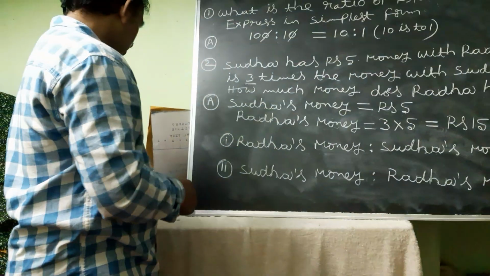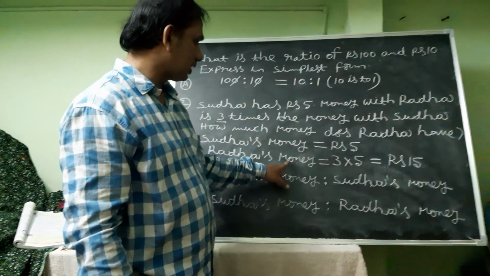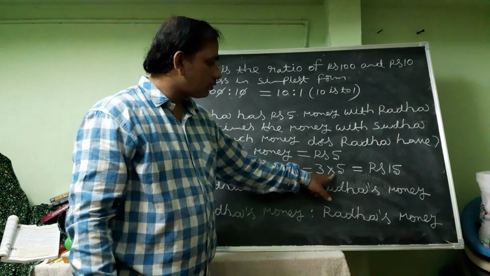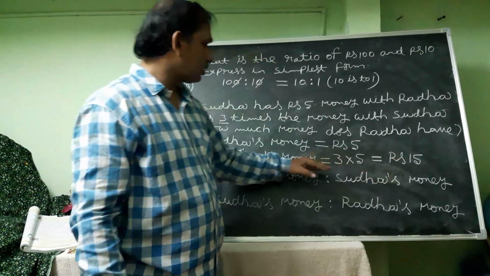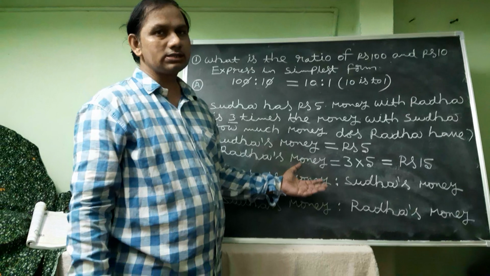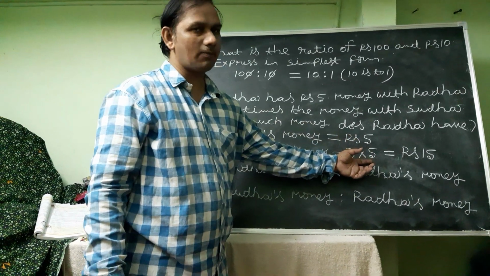So here times means we will use multiplication. 3 into 5 equal to 15 rupees. So here how many times means that number of times we will multiply the number.